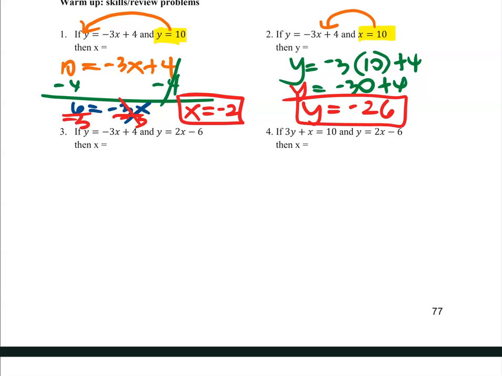Okay, then number 3. If y equals negative 3x plus 4 and y equals 2x minus 6, then solve for x. We can use again a substitution here. Since we have these two equations, both are equal to y, meaning we can set them equal to each other. So you can write negative 3x plus 4 equals 2x minus 6.